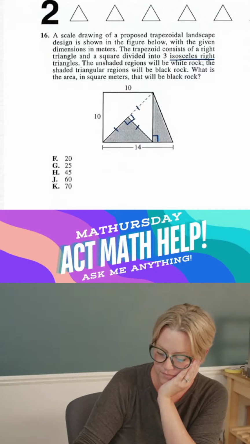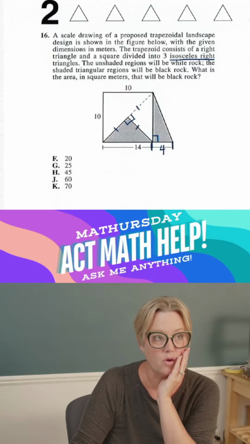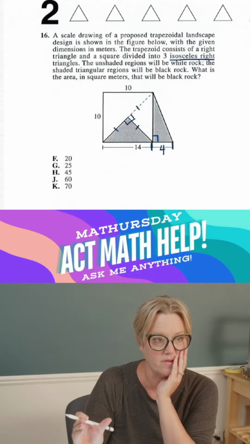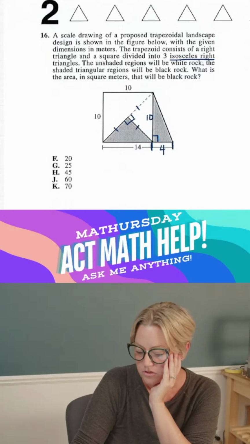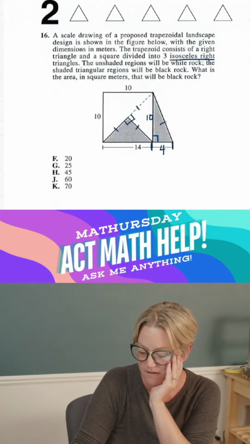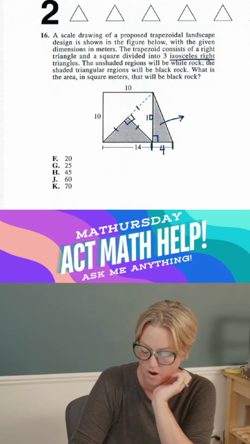All right, so right here, this is going to be 4, right? Because if the whole side is 14, and we know that that one side is 10, then 10 is the height, right? So now the area of that triangle, what is the area in square meters that will be black rock?